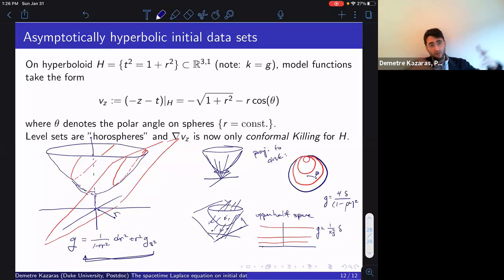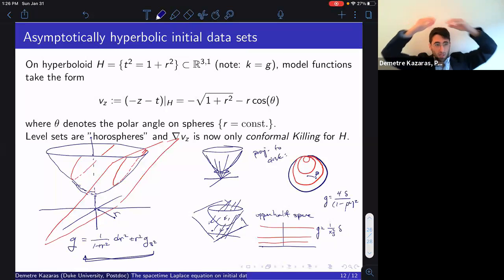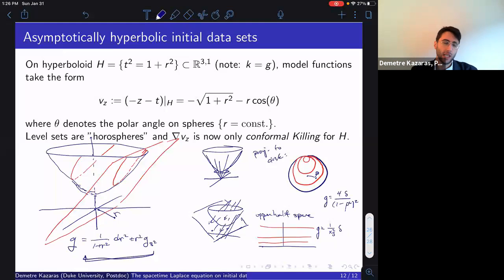Okay, so if we consider hyperbolic space as this hyperboloid in Minkowski, then the level sets of minus z minus t are the intersections of the hyperboloid with null planes. So you get some picture like this. They look like hyperbolas themselves, kind of like conic sections, except that it's not a cone, you're intersecting a hyperboloid.